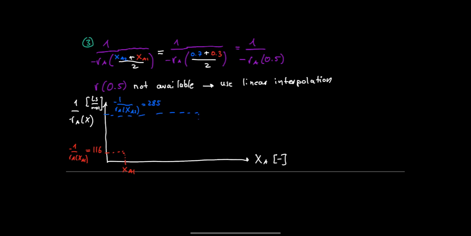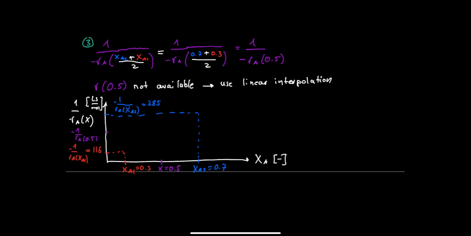For this point the x-axis would correspond to the conversion A2, and this was 0.7, conversion A1 was 0.3, and what we want to find out is our reaction rate at the conversion 0.5. So here we would have negative 1 divided by RA as a function of 0.5.